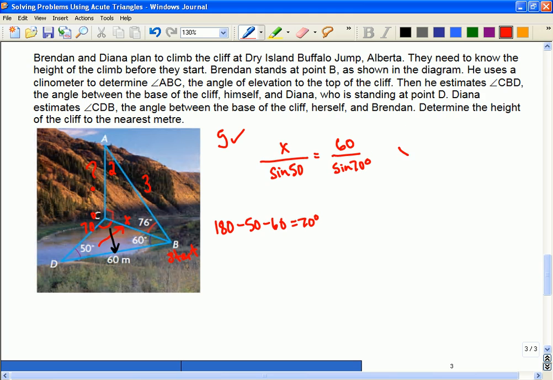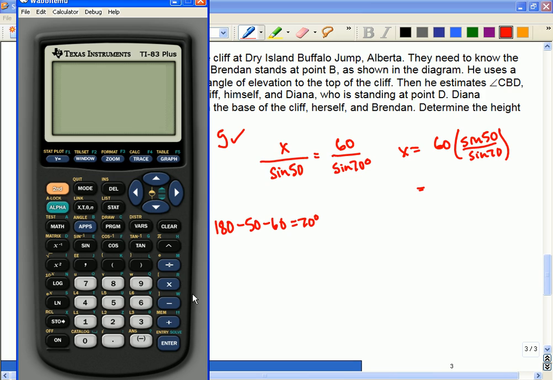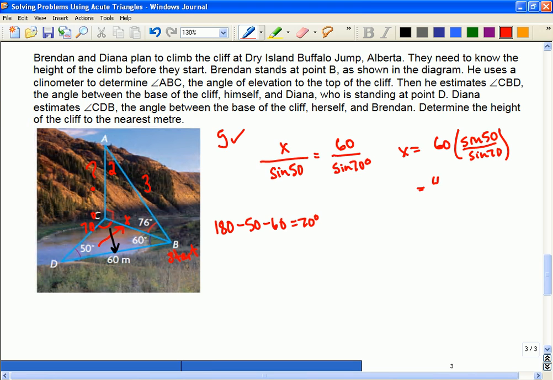So if I rearrange this, x is 60 times the sine of 50 over the sine of 70, and hopefully I do it right this time. So you have 48.9. Hey, I got it right. So 48.9 is this missing side.